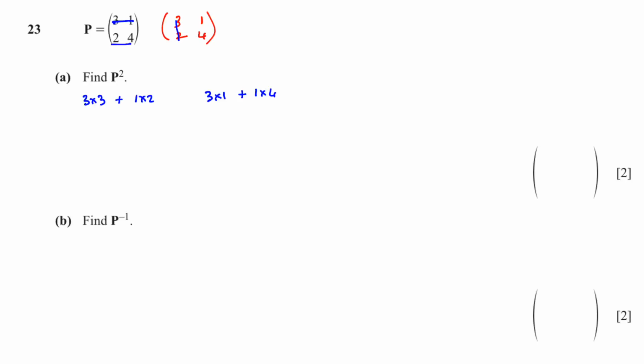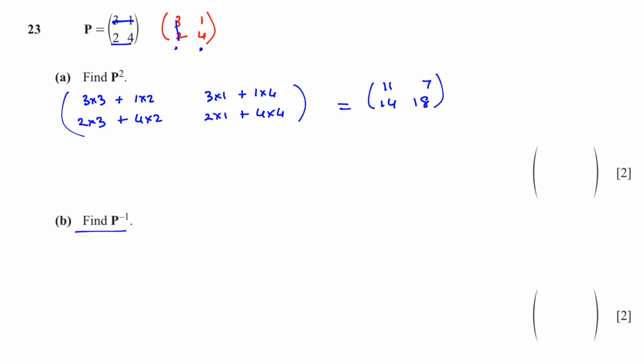We move to the second row and the first column, 2 times 3 plus 4 times 2, and then this column, 2 times 1 plus 4 times 4. This will give us 9 plus 2, 11, and 3 plus 4, 7, 14, and 18.